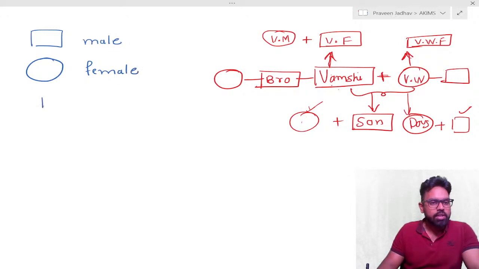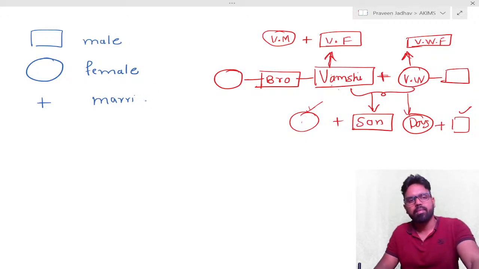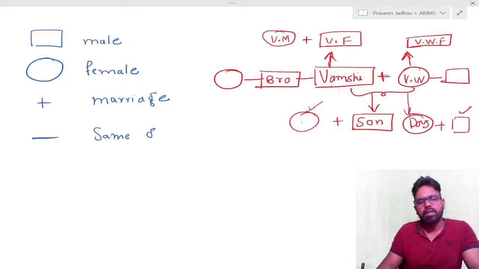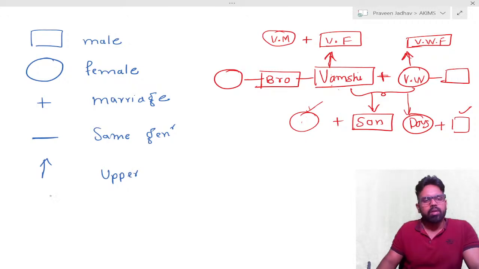If there is a marriage between two people, I'll represent it using a plus symbol. People from the same generation are joined by a horizontal line. If there are people elder to you, an arrow pointing upward means upper generation. If there are people younger to you, I'll use lower generation.